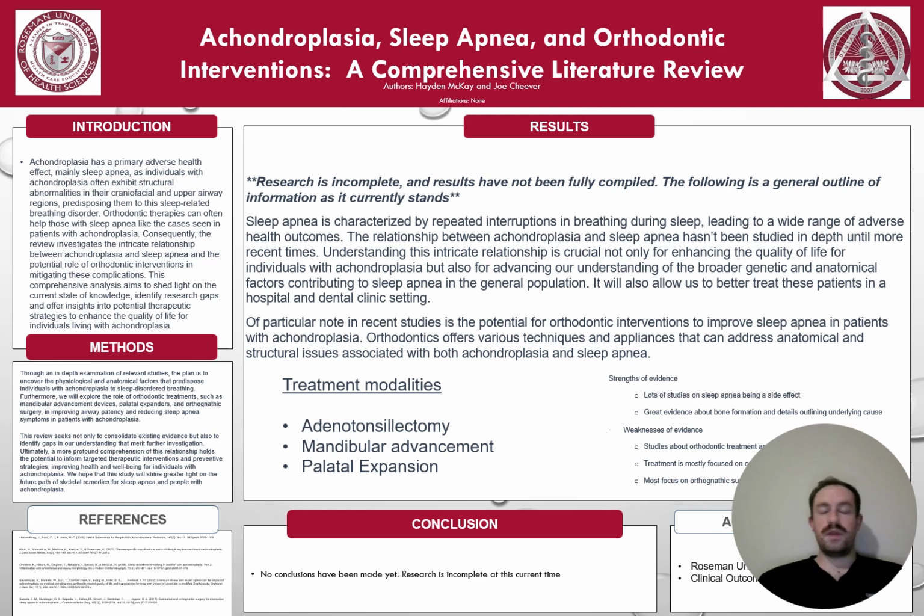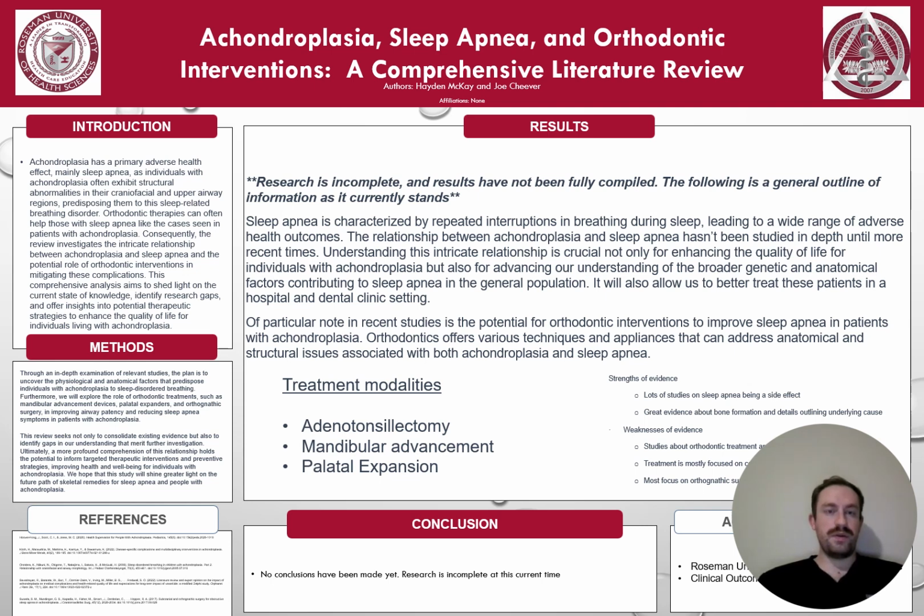Later on, I feel next year will be our focus into the real meat of the research, which is those orthodontic treatment modalities that we can then use in our clinical practices and make this literature review really worthwhile. So that's the disclaimer.